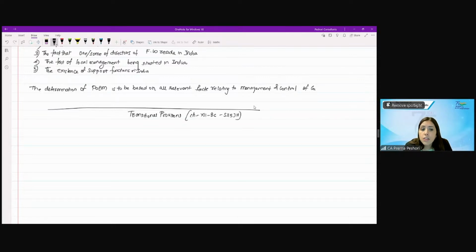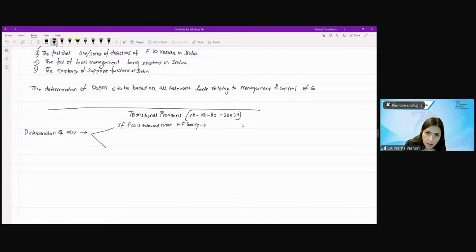So what did we learn that day with respect to the transitional provision? With respect to the determination of the WDV, if the foreign company is assessed to tax in the foreign country, then what will be my WDV?